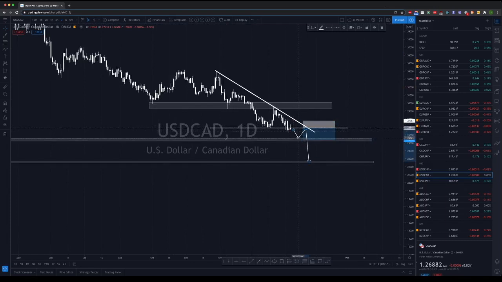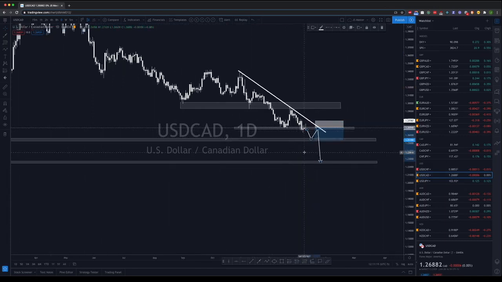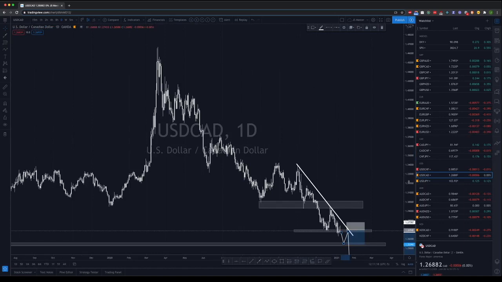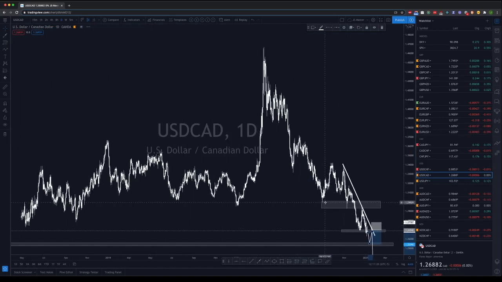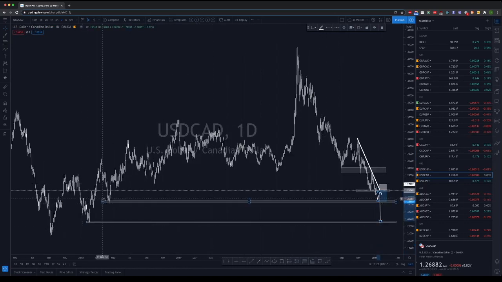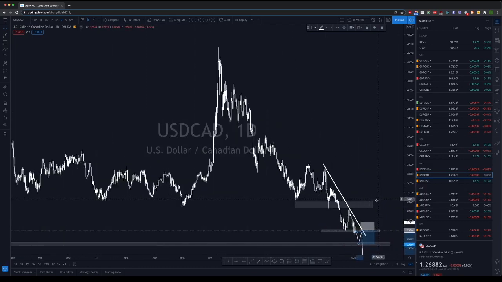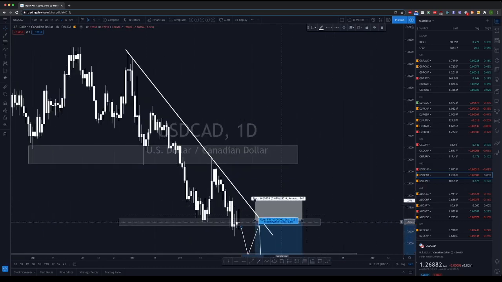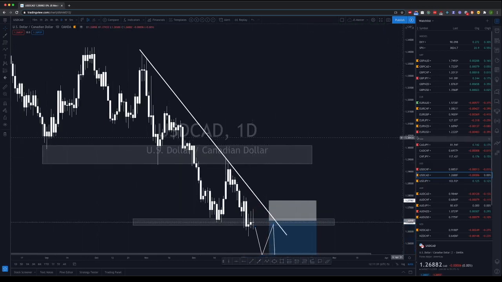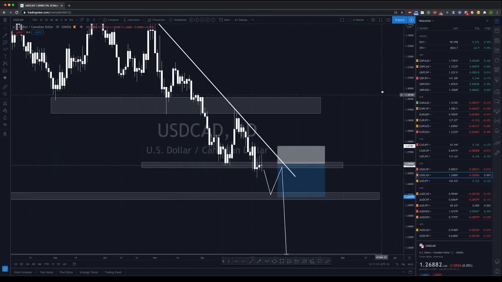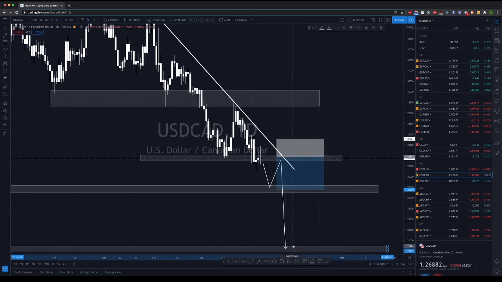So price to push down into this level, which is a level we identified back in the past over here, right? So I want to see price push into this level, push back up, get some rejection, and then I'll look for a confluence trade with the trend line, possible fib confluence, and then look to target.